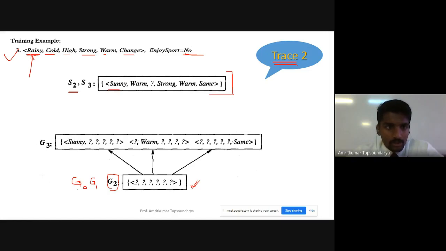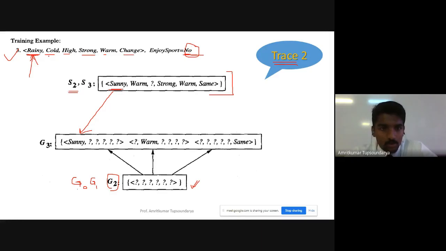So the rainy will not be considered because it is a negative training example. So the sunny will be a new individual hypothesis, created with the value of the first attribute as sunny and all other attributes as question mark.